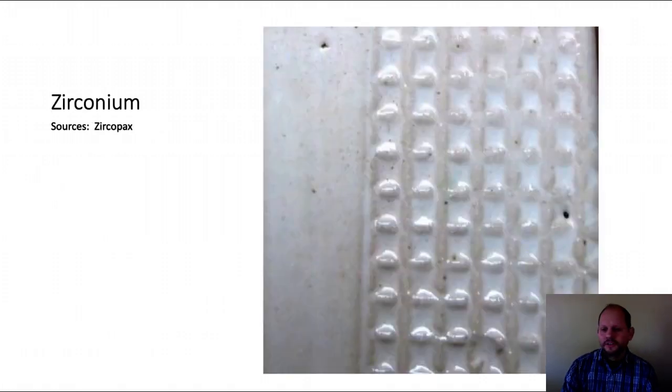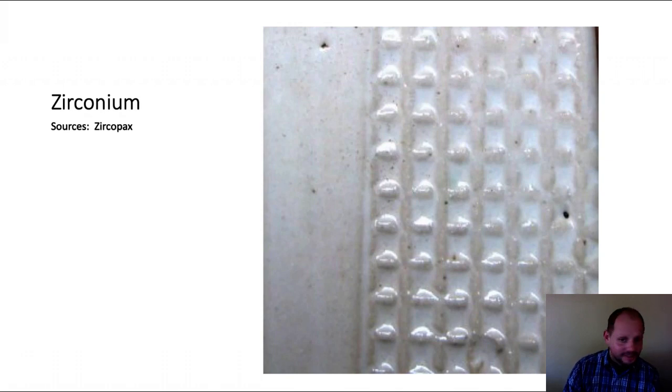Again, similar to what tin would provide, zirconium comes in the source in our studio as Zircopax. It is an opacifier, it's a crystallizer, but in higher percentages, it tends to be a little bit more refractory, and the surfaces aren't as smooth as the type of opacity that tin can provide.